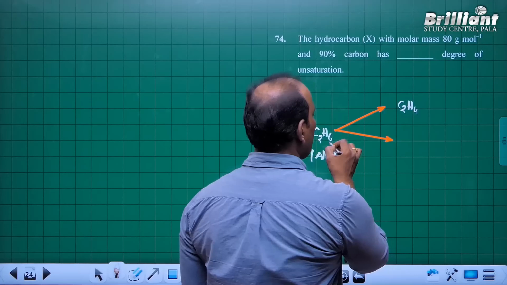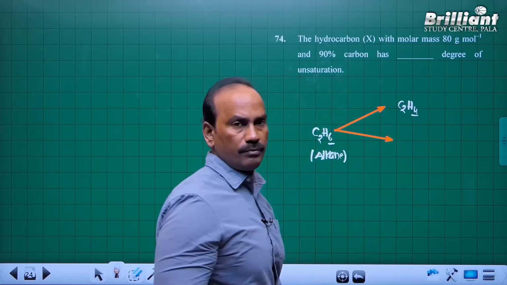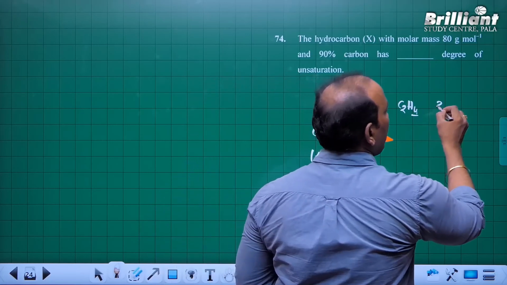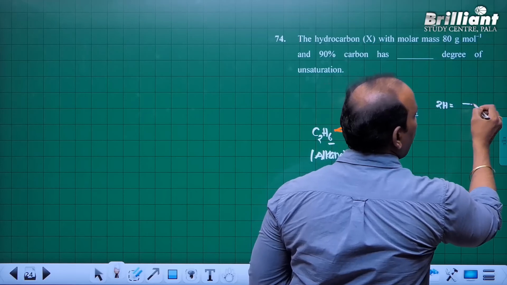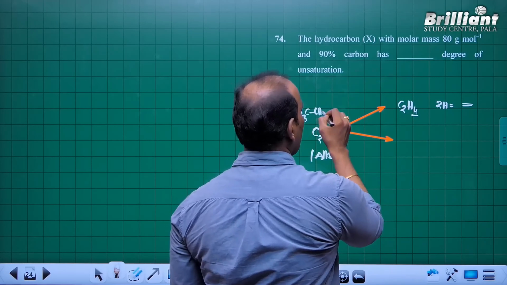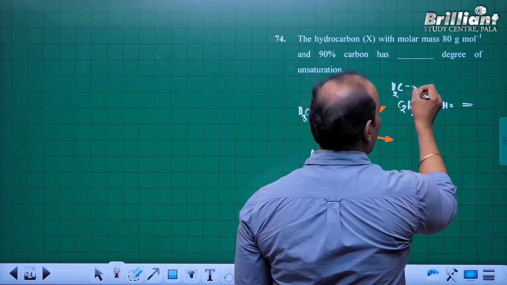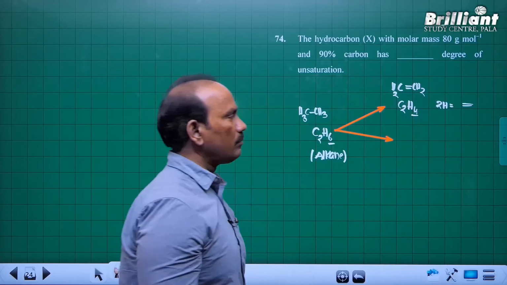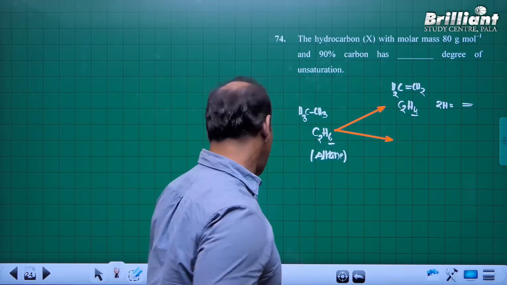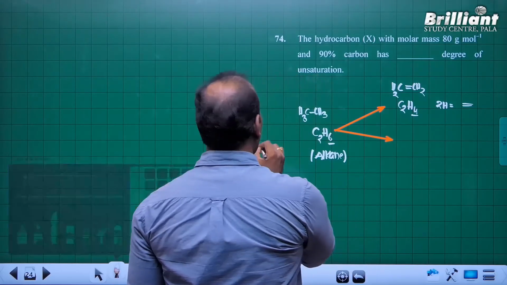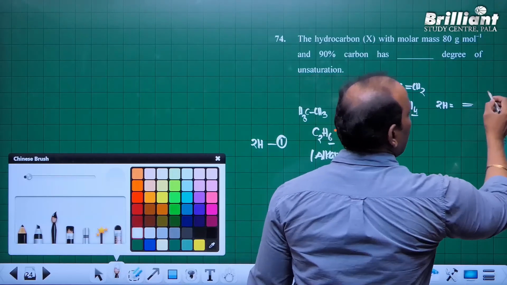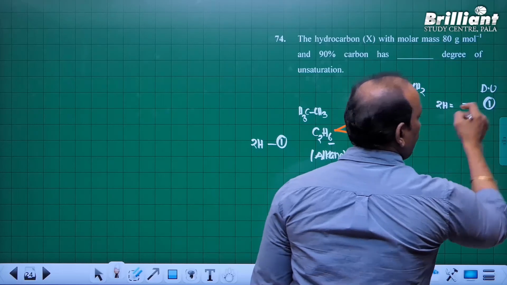How many hydrogens are there here? 4. Here? 6. The difference is 2. 2 hydrogens means 1 pi bond, a double bond. That's why CH3 single bond CH3, this is CH2 double bond CH2. So what is the degree of unsaturation for this one? 1. Then for 2 hydrogens the value is 1, one pi bond, DU equals 1.